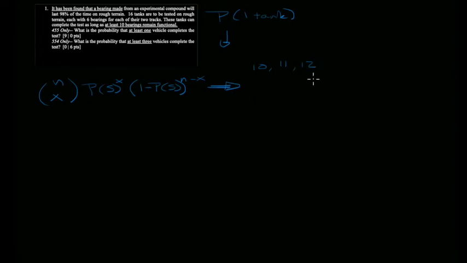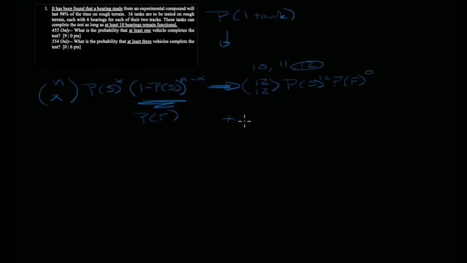All 12 bearings is going to be 12 choose 12 successes times probability of success raised to the 12th, and then times, and I'm going to substitute probability of failure with PF just to make it a little bit faster, probability of failure raised to the 0 power.